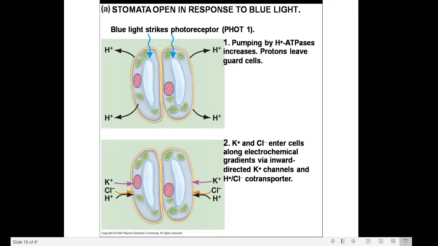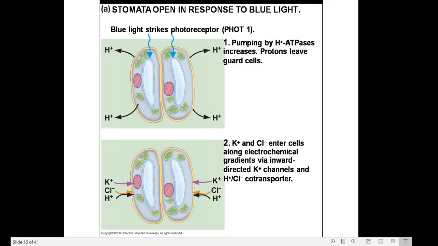In the first thing they mention, the pumping means opening and closing, releasing and intake. Pumping by H plus ATPase increases. If there is a higher amount of H plus ions and ATPase, the proton leaves the guard cells.